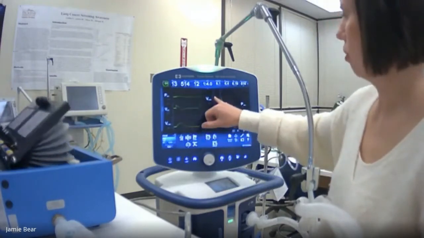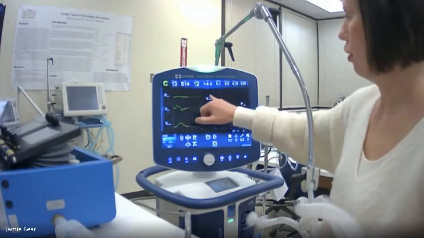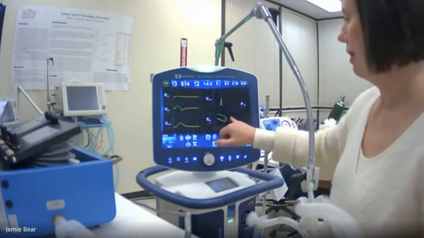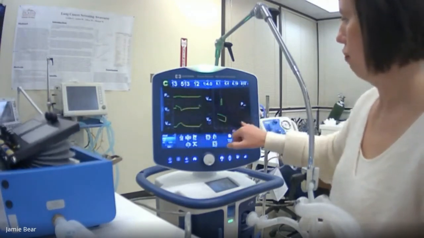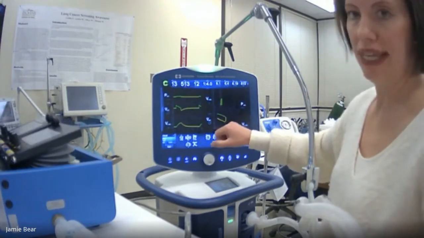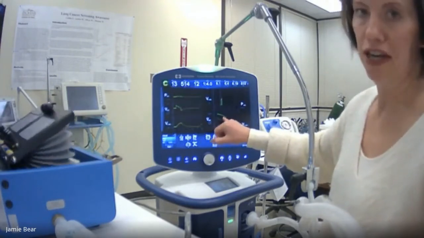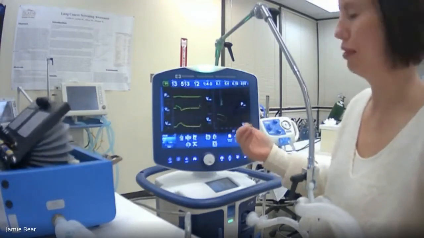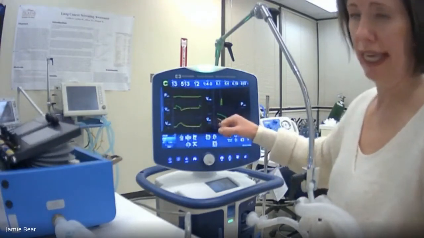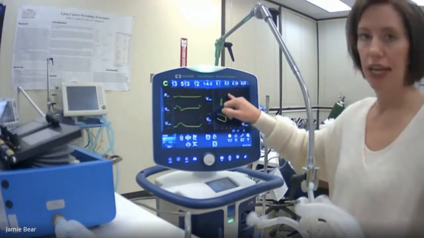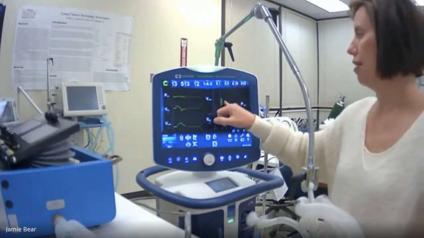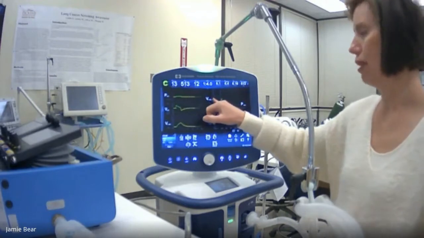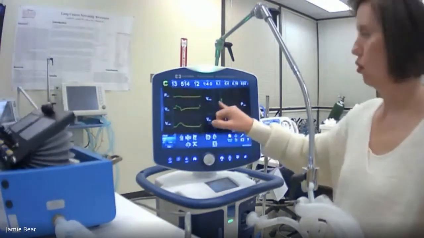We have our pressure volume loop, and then we have our flow volume loop. Now remember, when we do PFTs, we're used to looking at this flow volume loop inverted because we're more focused on the expiratory flows, where here we're looking at the entire breath cycle.